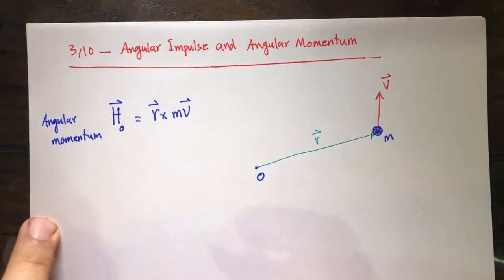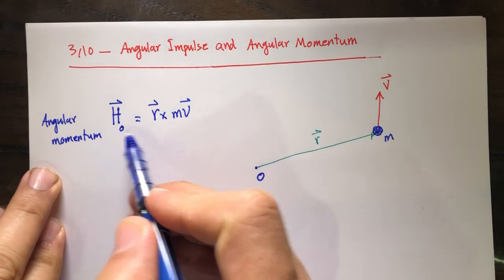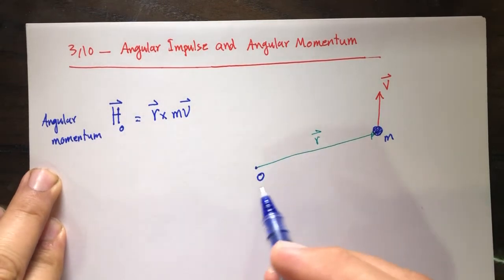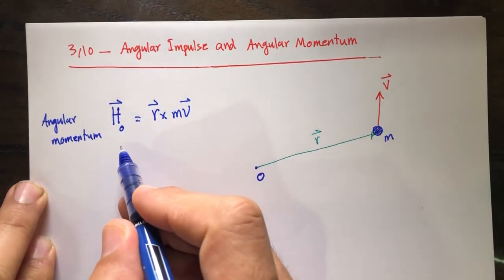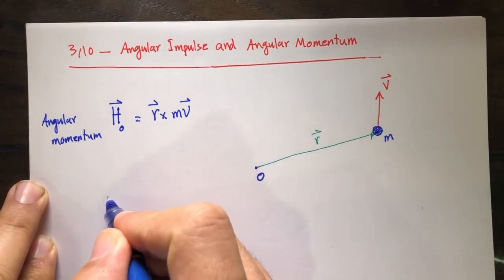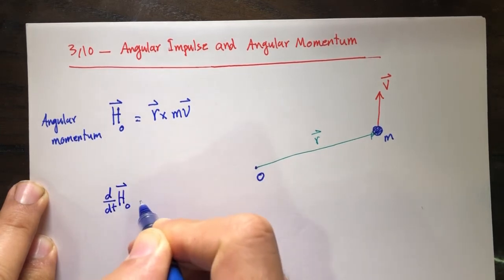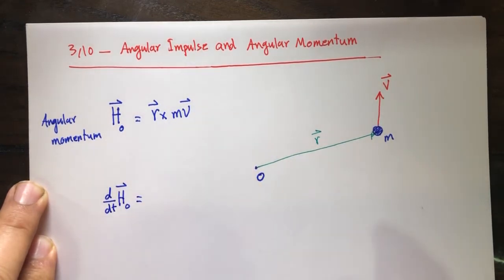And it's going to have one interesting concept behind it, which I'm going to derive for you first, and we are going to see how it is useful. So this is the angular momentum, and if I take a derivative of it with respect to time, I'm going to have d dt of HO is going to be equal to derivative of the other part.